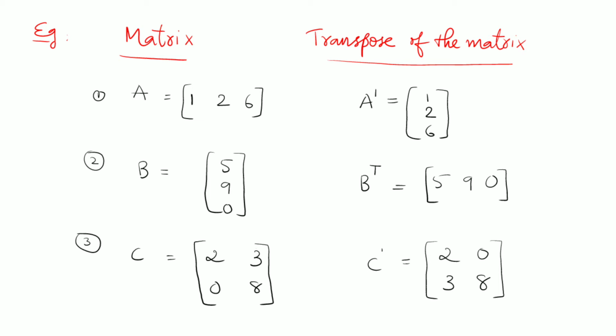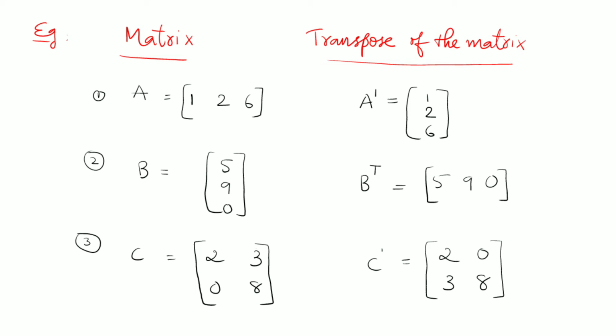Always the first entry of a matrix A and A dash will be the same. Here it is 1, again in A transpose it is 1. So here the order is 1 row and 3 columns, a 1 by 3 matrix. Here it is 3 rows and 1 column, so the matrix order is 3 by 1.